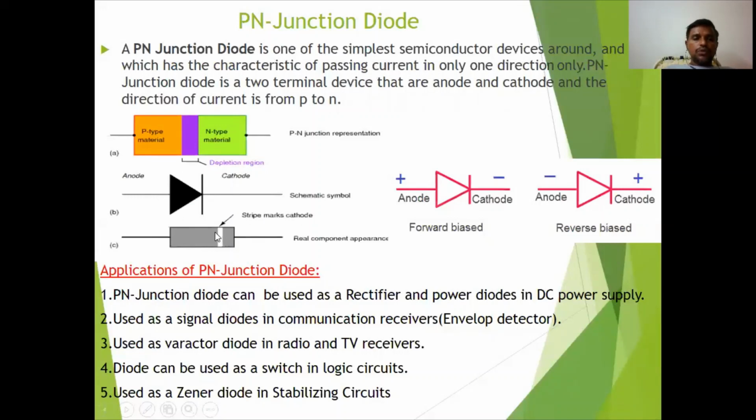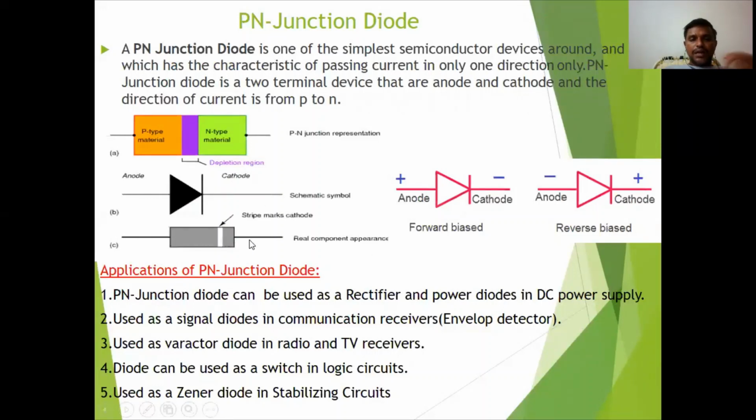Okay, so if you observe a real component, if you find a diode in the lab, the diode will have a completely black body, and on that black body there will be a silver-coated circle.